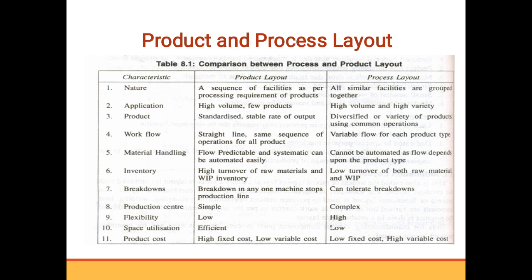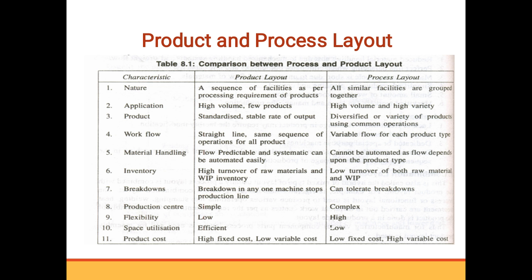If we consider the space utilization, product layout is more efficient than the process layout. And last, the production cost. With respect to product layout, there is high fixed cost, that is there is a huge investment, and low variable cost, whereas in case of process layout there is a low fixed cost and high variable cost.